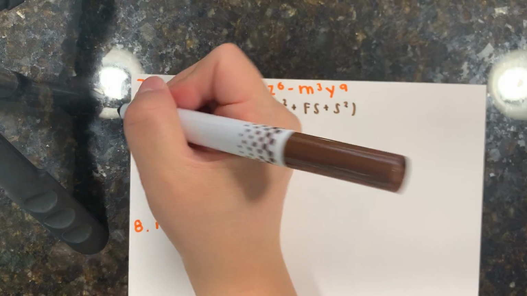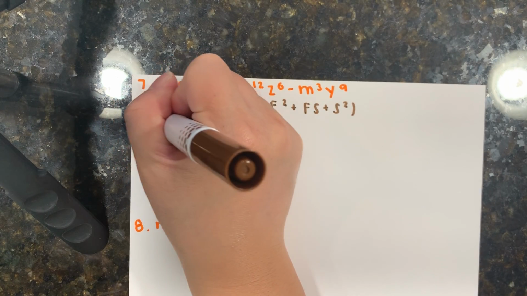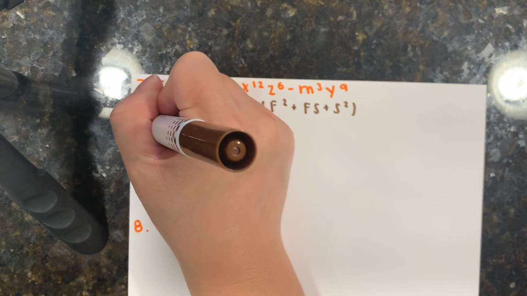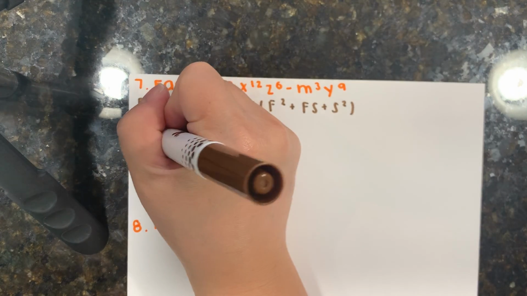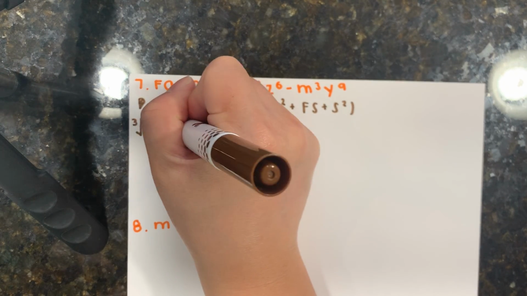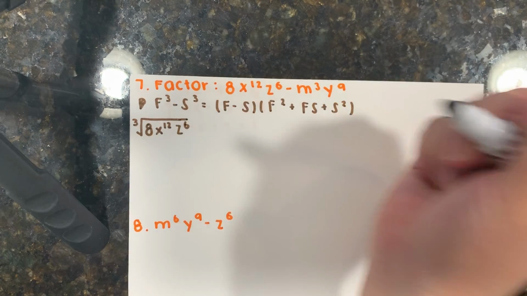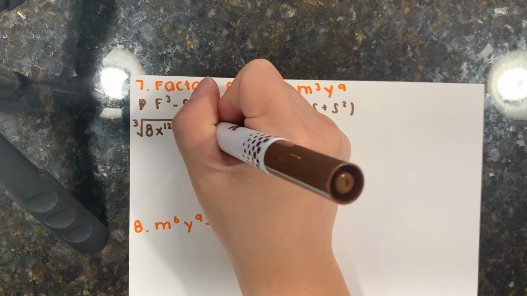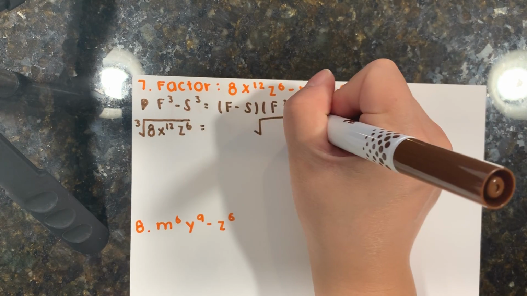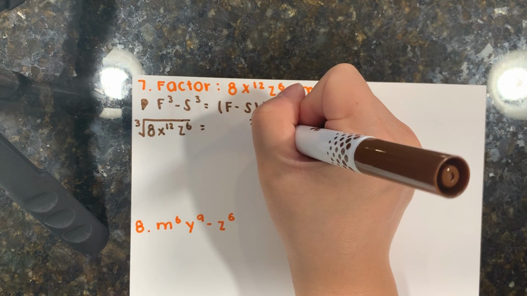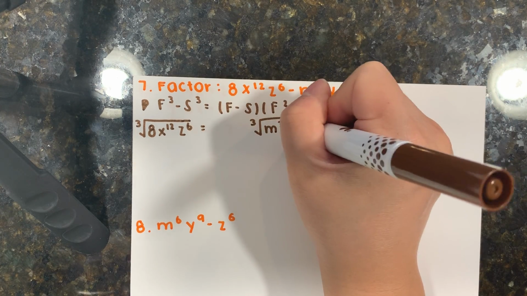Again, take the cube root of each of those terms. So the cube root of 8 x to the 12th z to the 6th, and then the cube root of m to the 3rd y to the 9th.